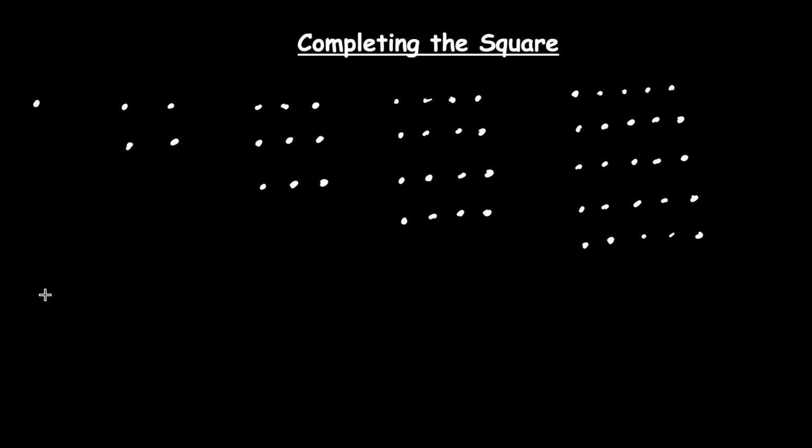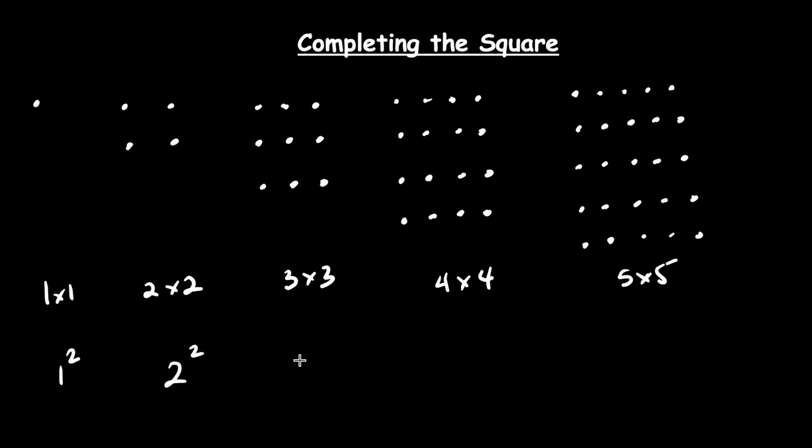So in this instance here, we have a 1 by 1. Here we have a 2 by 2. Here a 3 by 3 square, 4 by 4, and finally here we have a 5 by 5. We could continue indefinitely, but space prohibits that. So what we're looking at here is 1 squared, 2 squared, 3 squared, 4 squared, and 5 squared.